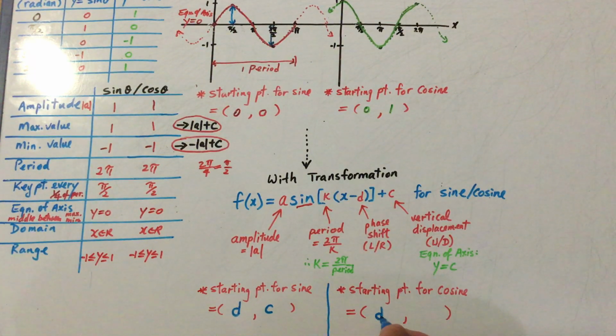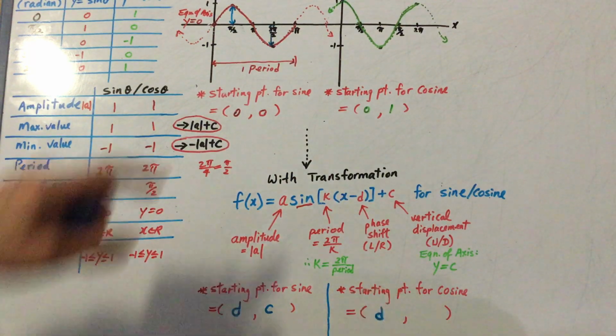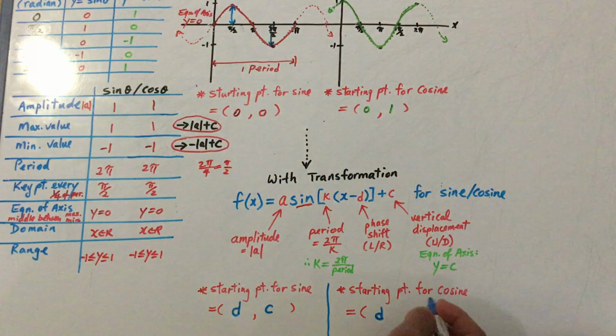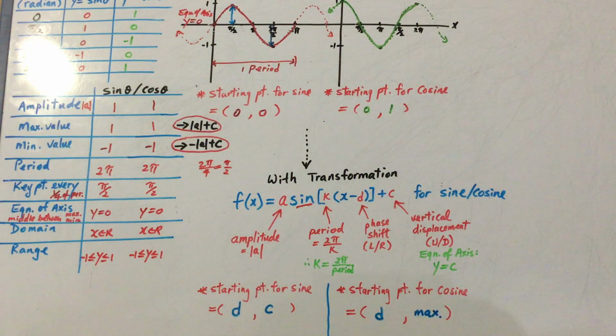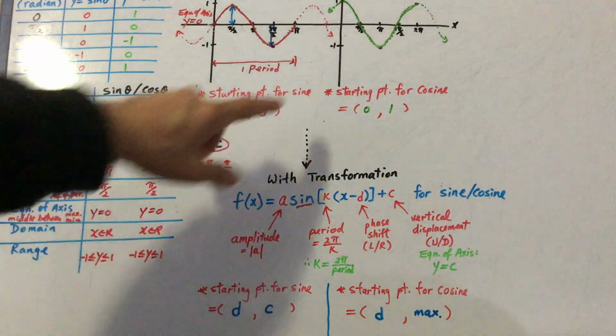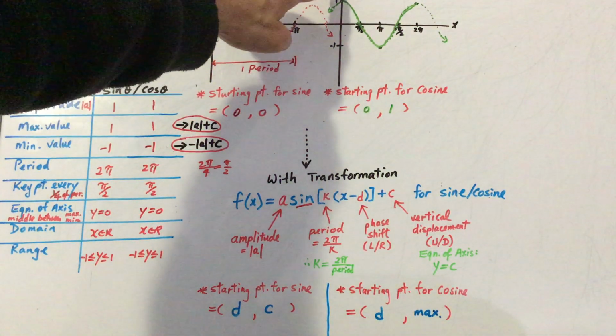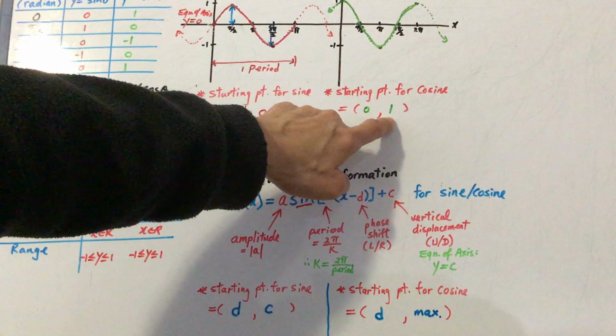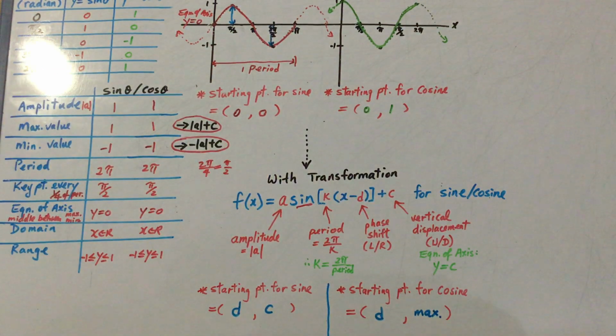So it depends on where the phase shift is, okay, D. But the y coordinate is always the maximum. Okay? So it's always the maximum value for cosine. And because the maximum here is a 1, that's why in the parent function, you have a 0, 1 there. Okay?